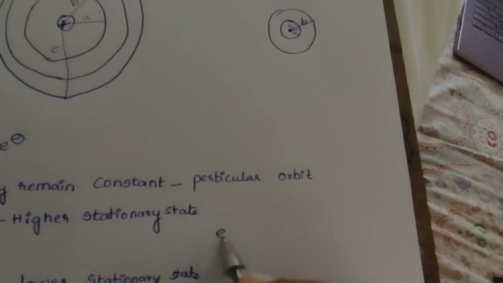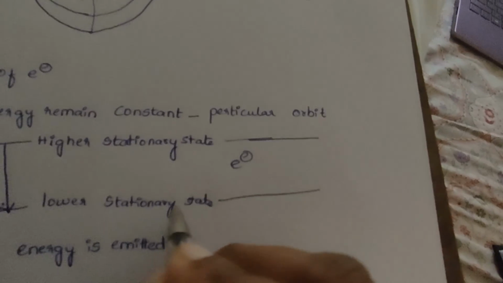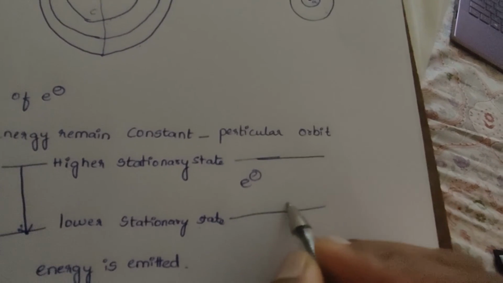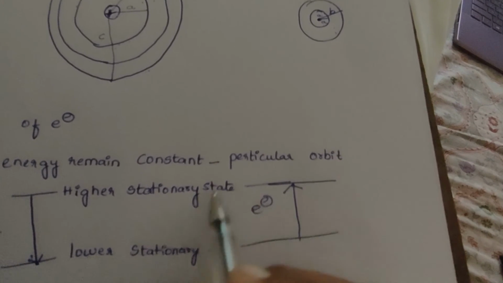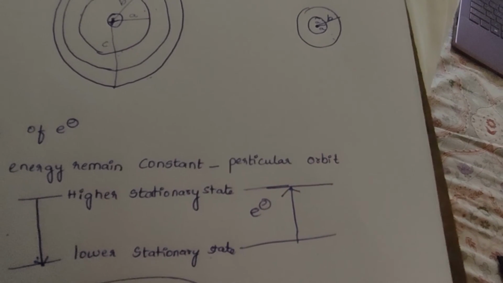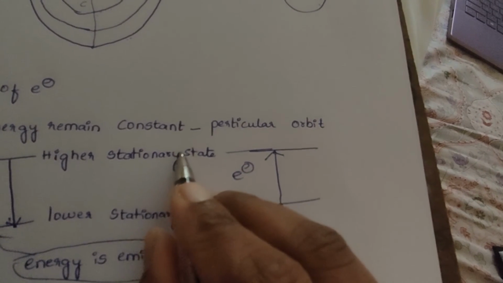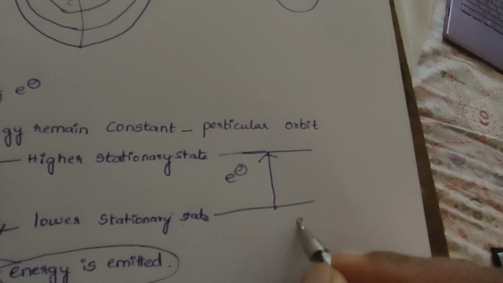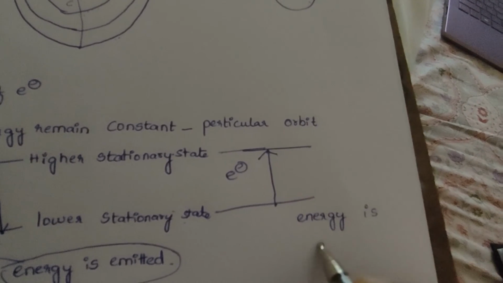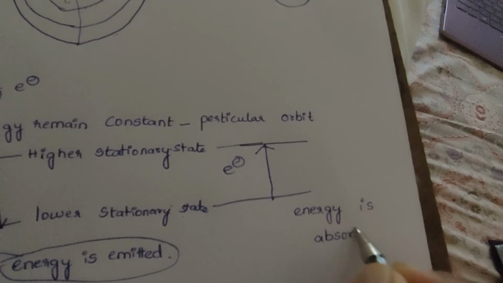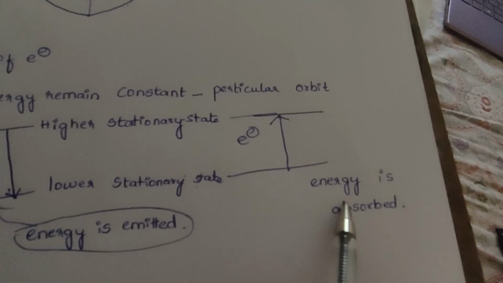And when the electron moves from a lower stationary state to a higher stationary state, energy is absorbed.